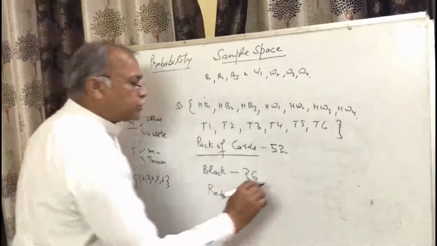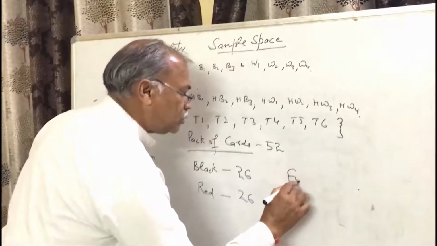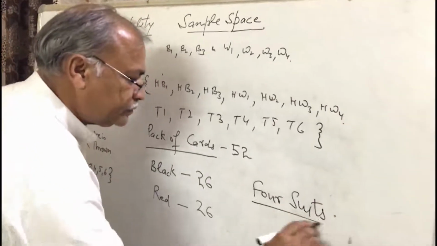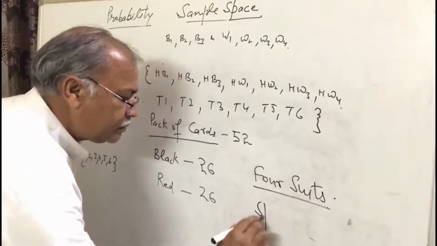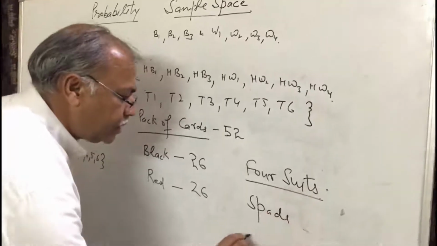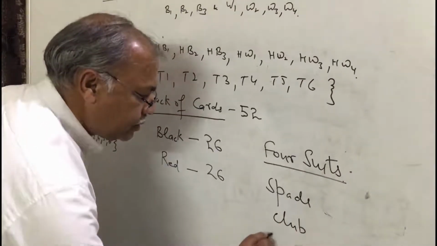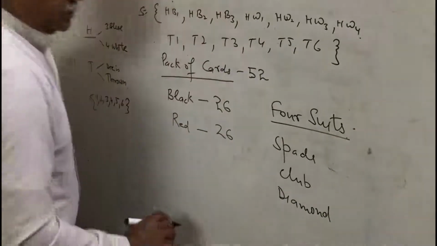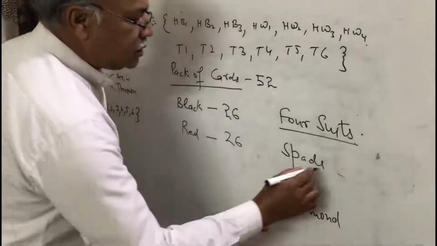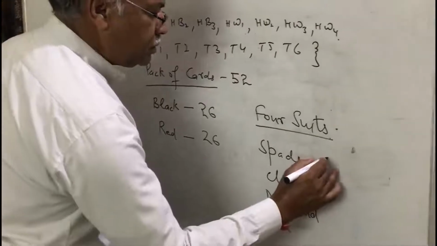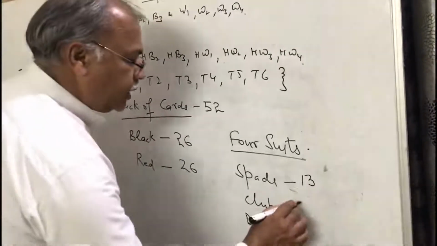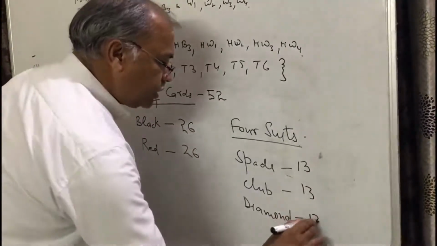And four suits: spade, club, diamond, and heart. Spade are 13, club 13, diamond 13 and heart 13.